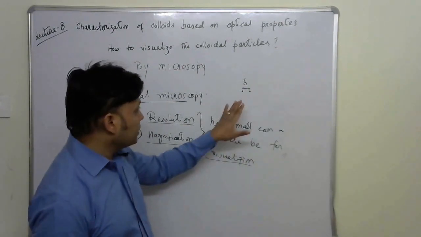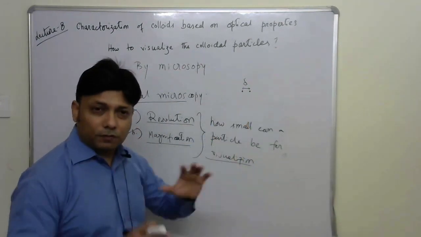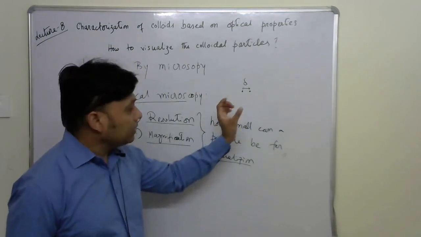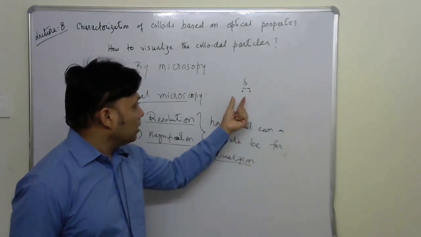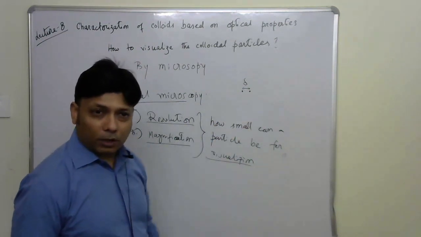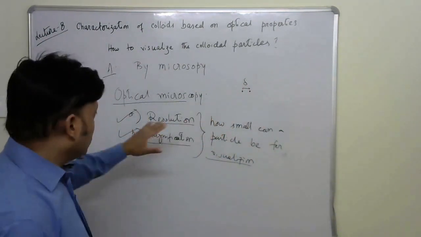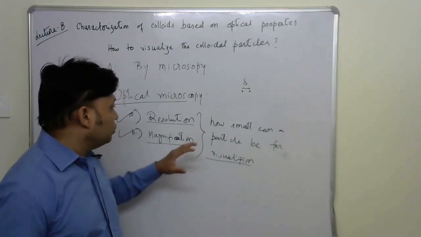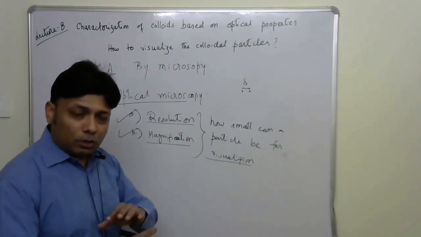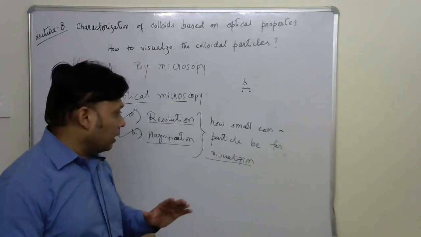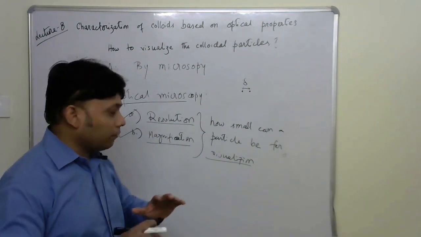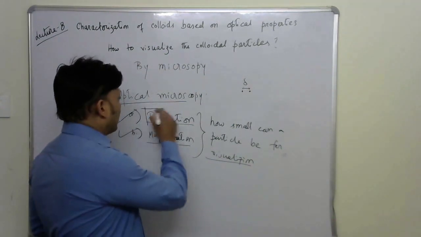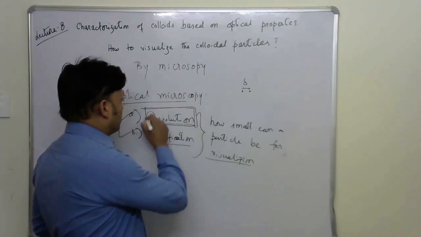So in other words, this resolution defines how well you can distinguish between two points on an image. Compared to resolution, the magnification is a much more trivial concept, because we can magnify an image by any extent. It is not a very big deal. But the single most important factor is the resolution.